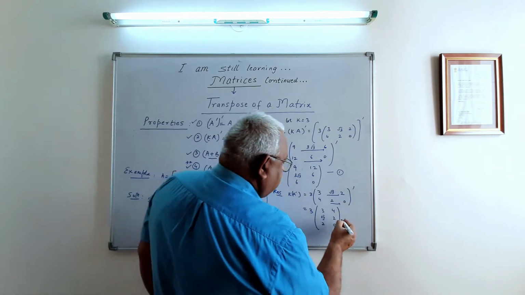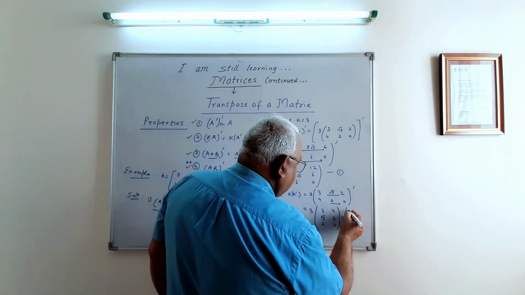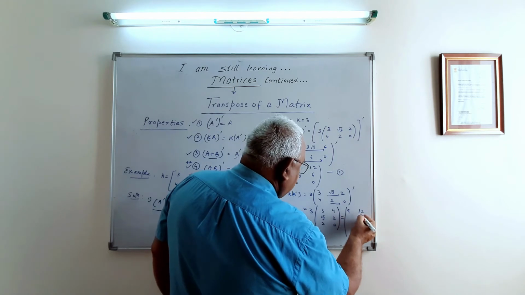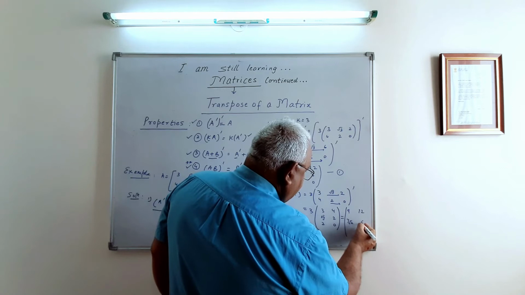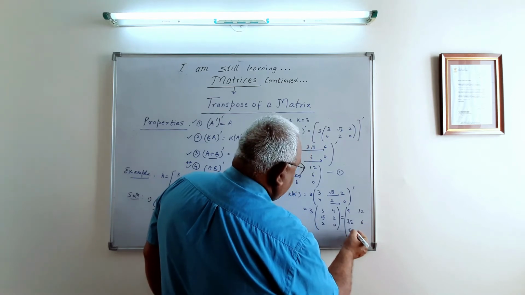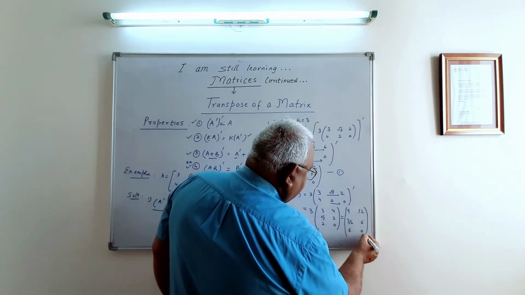So what is the answer now? The answer is 9, 12, 3 root 3, 6, 6, and call it 2.